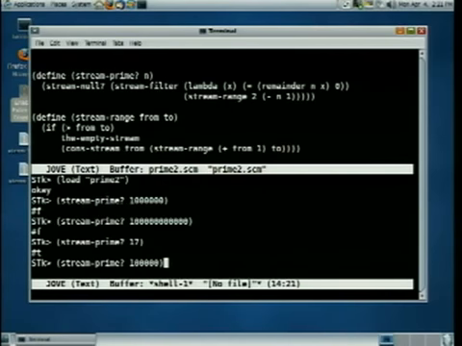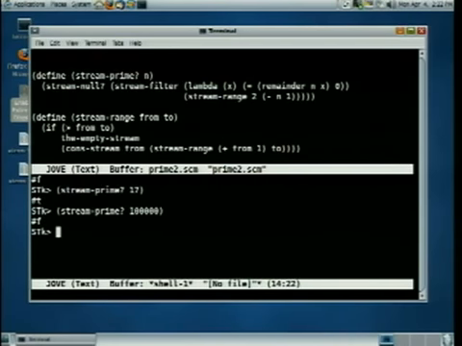Let's see what happens. Okay, so this version succeeds. It doesn't say segmentation fault.